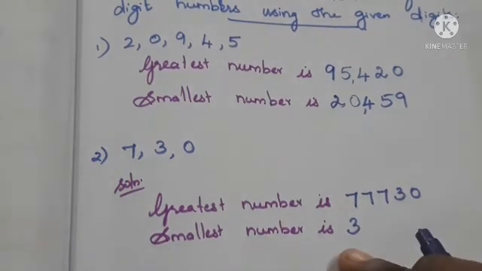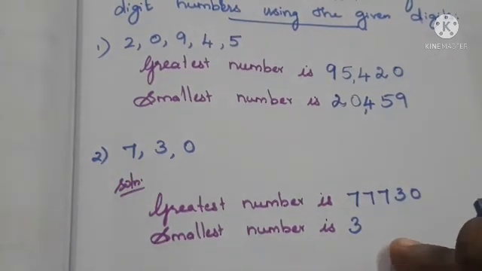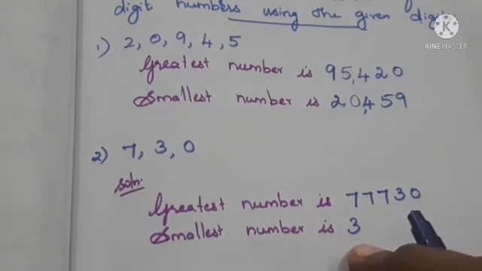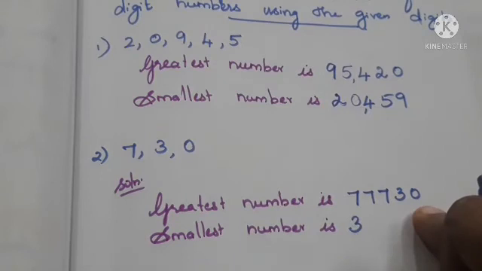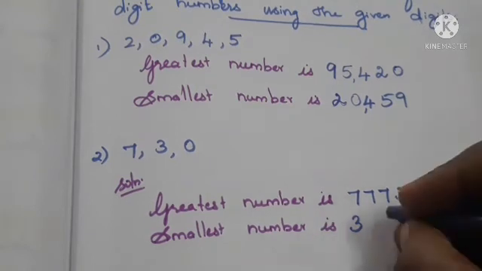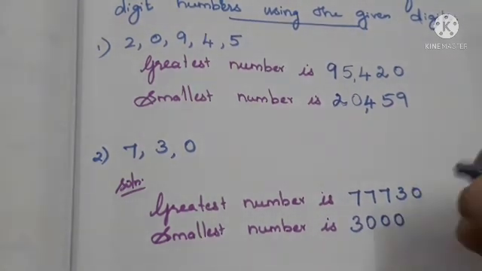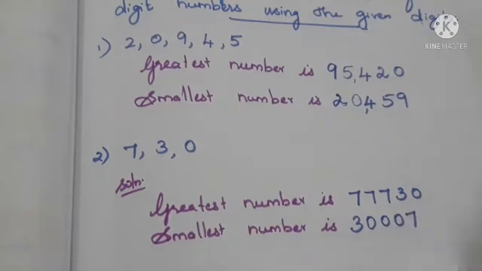Don't repeat the 3 for 3 times. Here we repeat the 7 for 3 times. Don't repeat the 3 for 3 times, because 0 only is the smallest. So we have to repeat the 0 only for 3 times. Okay, ma? So if you repeat the 3 zeros, next greatest one is 7.